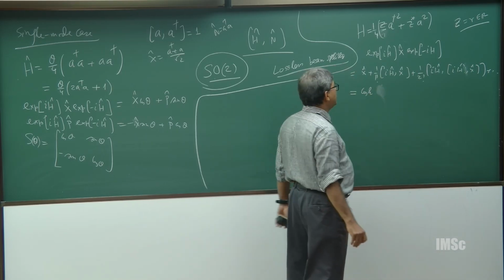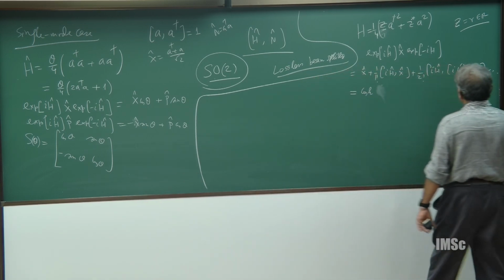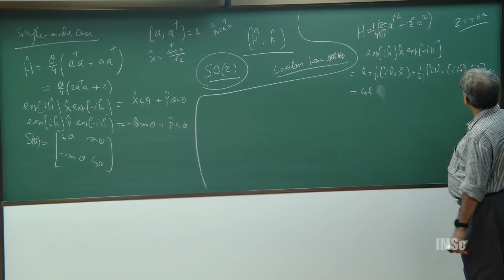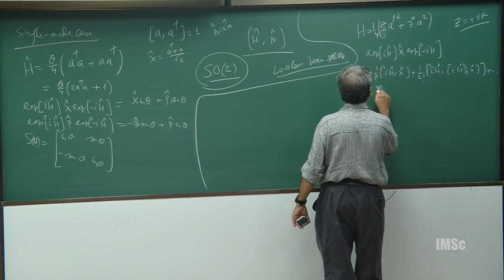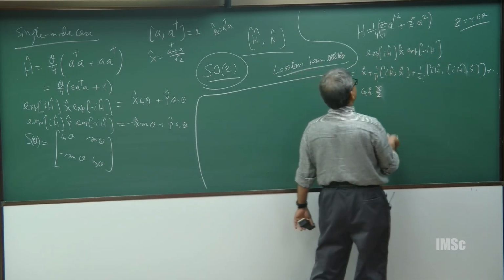Now I should be careful. So, this should be cosine hyperbolic r by 2. I mean, you can figure out, it is not so difficult.